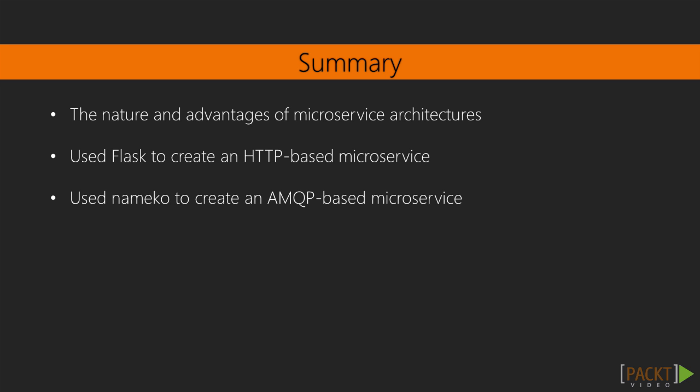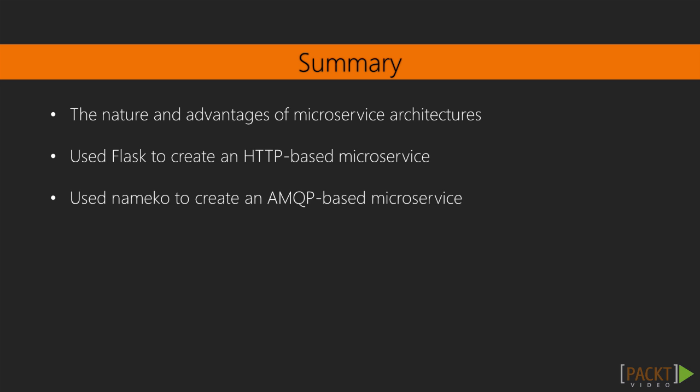In this video, we looked at using nameko's remote procedure call mechanism to implement a microservice, which simplifies the code significantly, at the cost of requiring that we set up an AMQP infrastructure, and more difficult interfacing with systems outside the AMQP network.